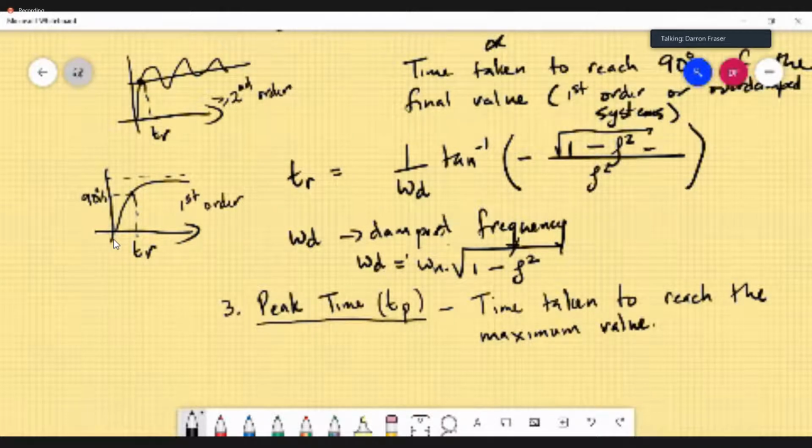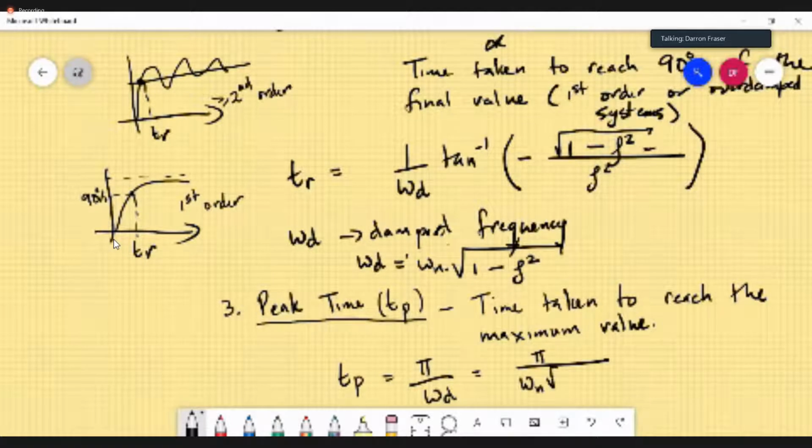So that is straightforward enough. Peak time is equal to pi divided by the damped frequency, which is pi over omega n times the square root of 1 minus the damping ratio squared.